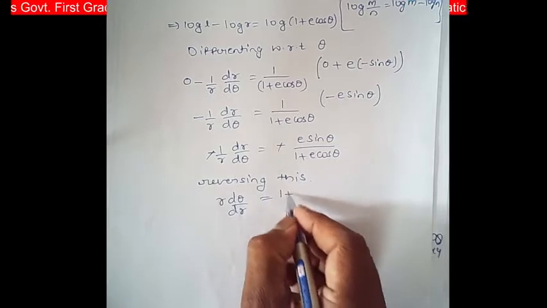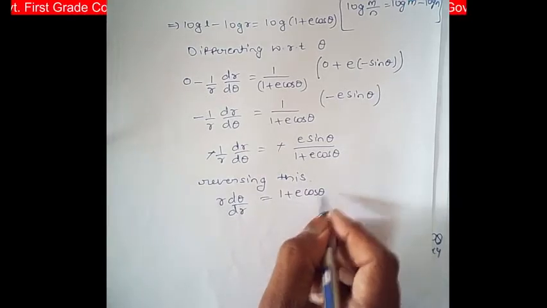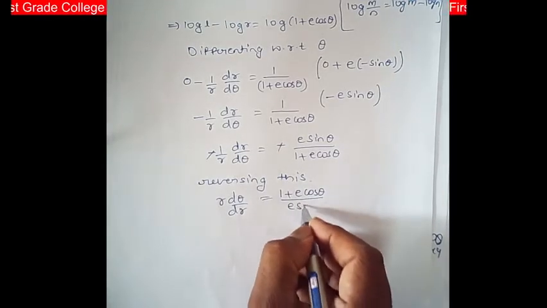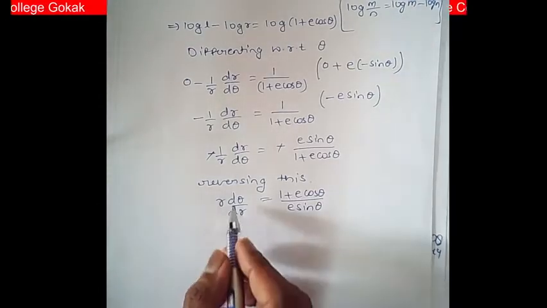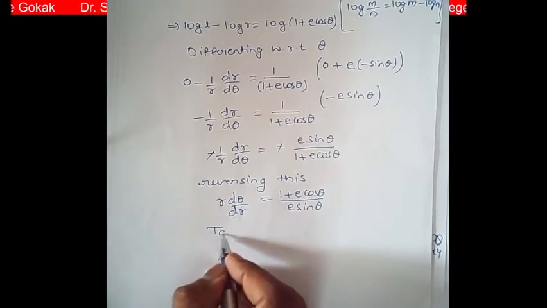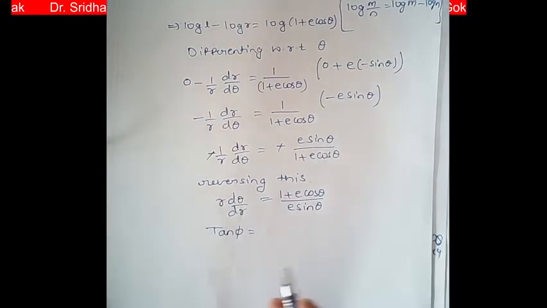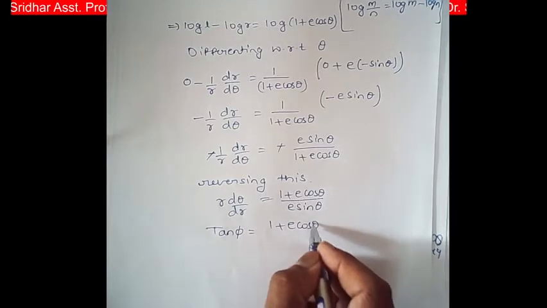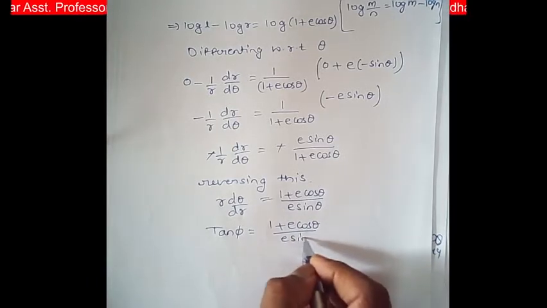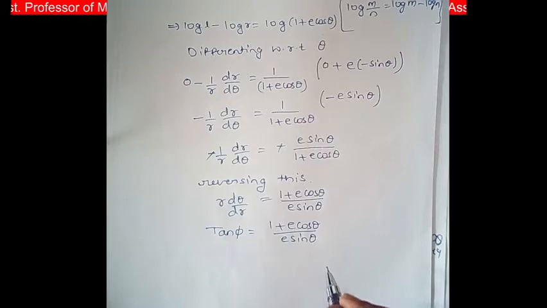So this is 1 plus E cos theta divided by E sin theta. Now this is tan phi, and this is 1 plus E cos theta divided by E sin theta.